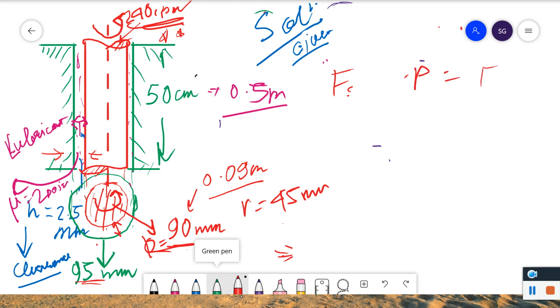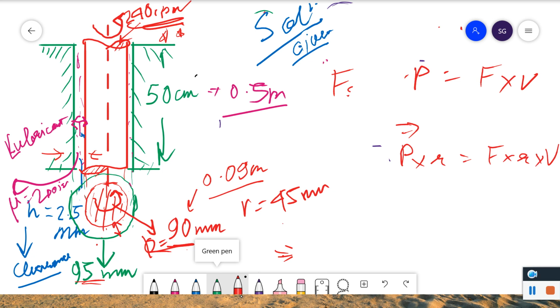Just what you have to do is, power is equal to force into velocity. We want to represent it in terms of torque. What is torque? Force into radius. So just multiply this by radius: force into radius into velocity.